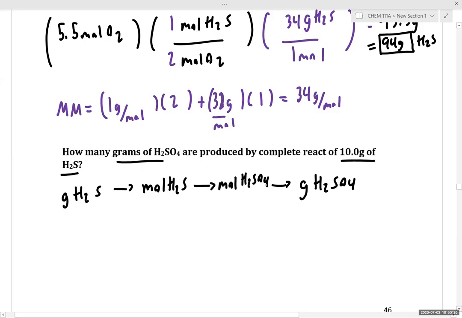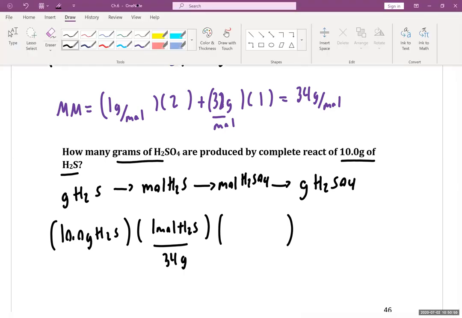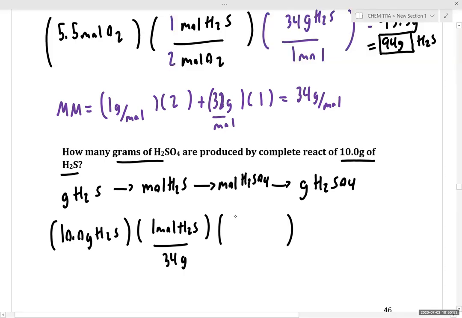Okay. So now that we have 10.0 grams of hydrogen sulfide, we know that in 1 mole of hydrogen sulfide, we have 34 grams. We already did that calculation for the molar mass. Now, and this is the important part, at least from a stoichiometry perspective, how many moles of sulfuric acid are produced per mole of hydrogen sulfide?